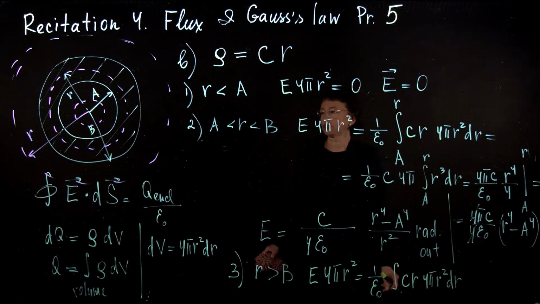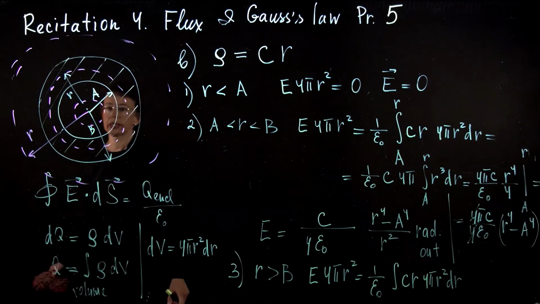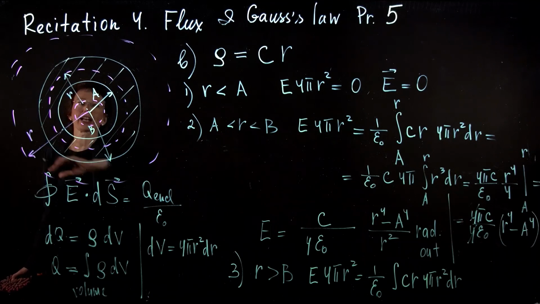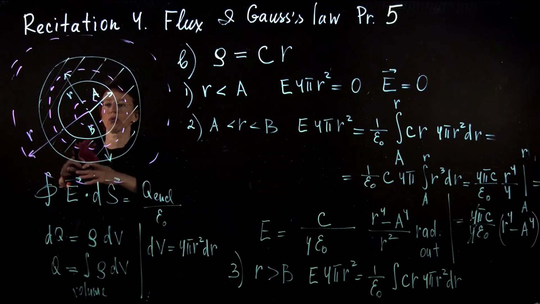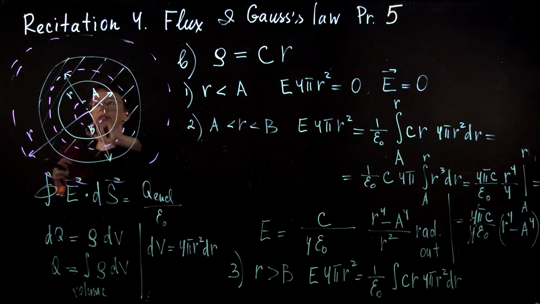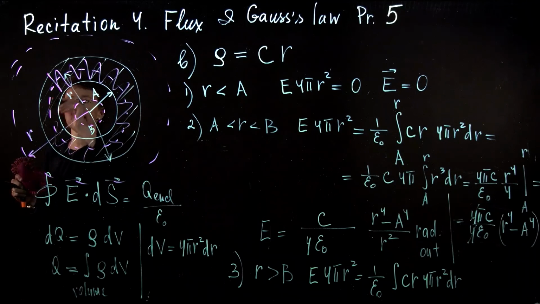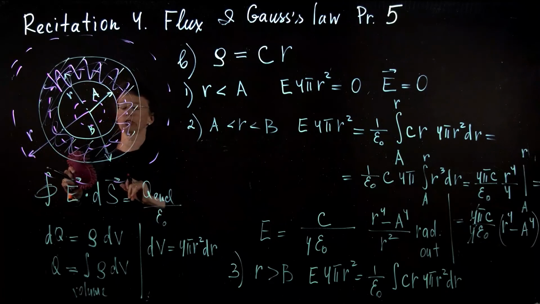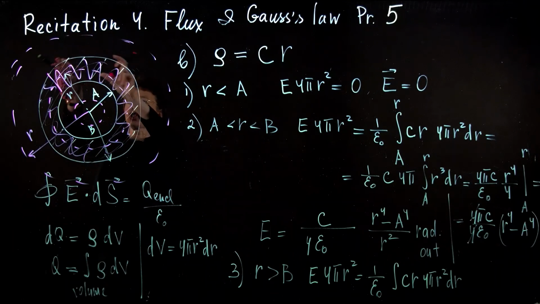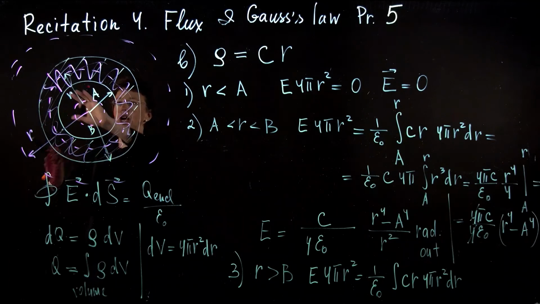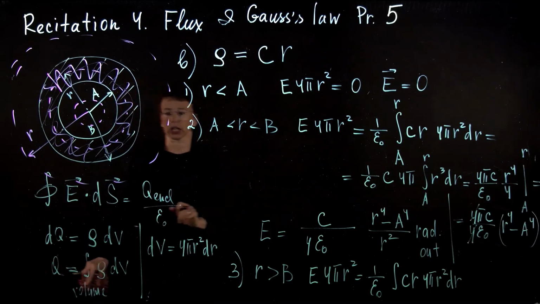What are the limits of integration? We are looking for the charge enclosed by this Gaussian surface. But where is this charge? This charge is right here between A and B. There is no charge at any point greater than B. So the total charge enclosed by this Gaussian surface is just the total charge in this spherical shell.